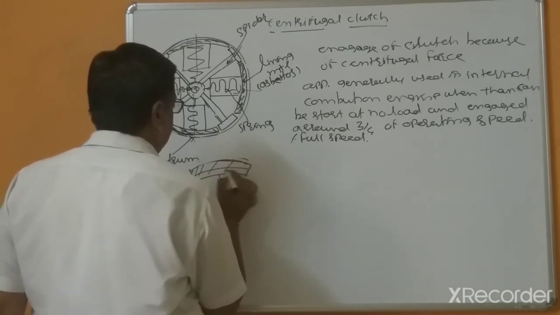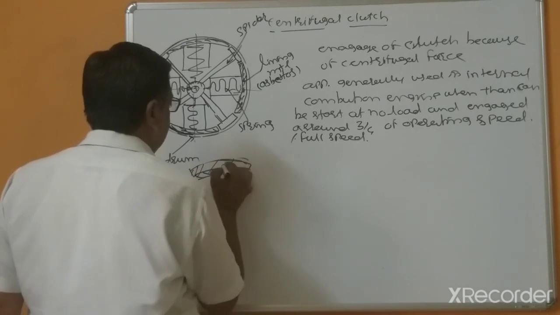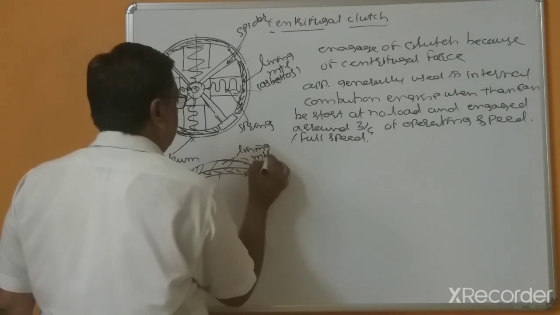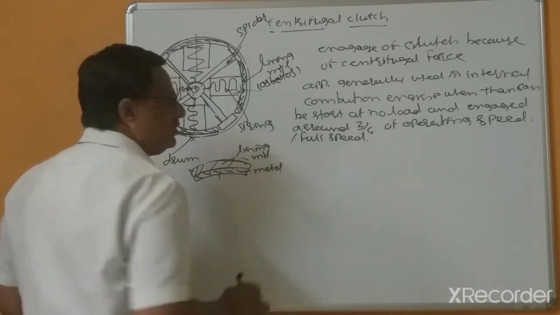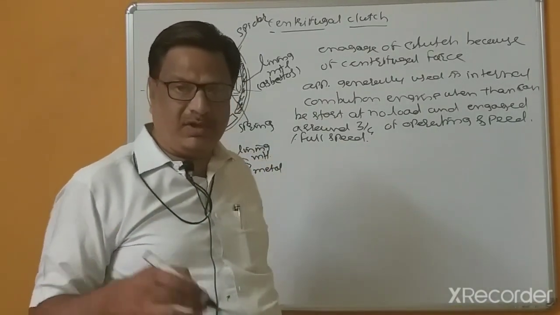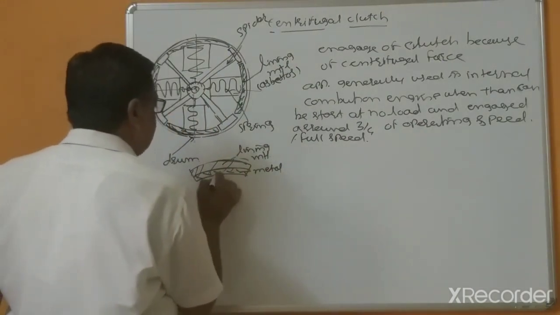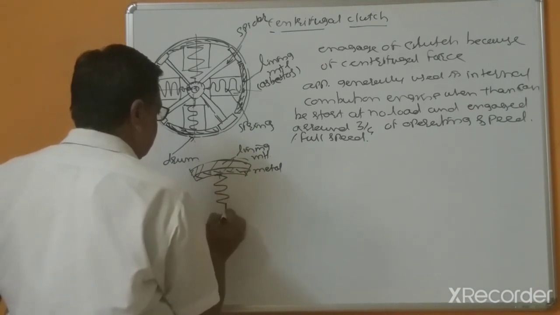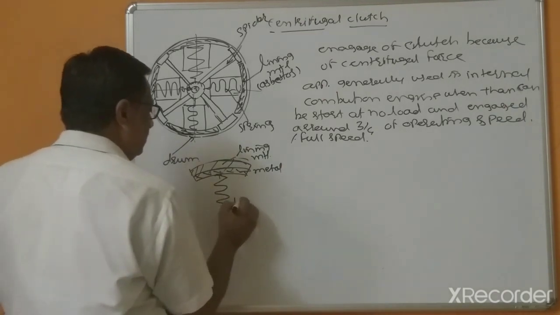The shoe may be metal, cast iron or maybe aluminum, and it is attached with springs.